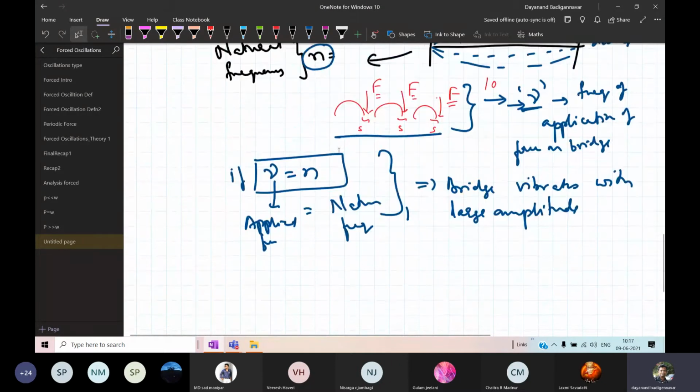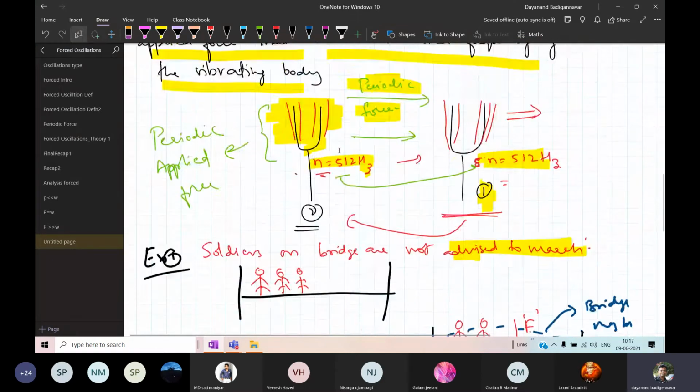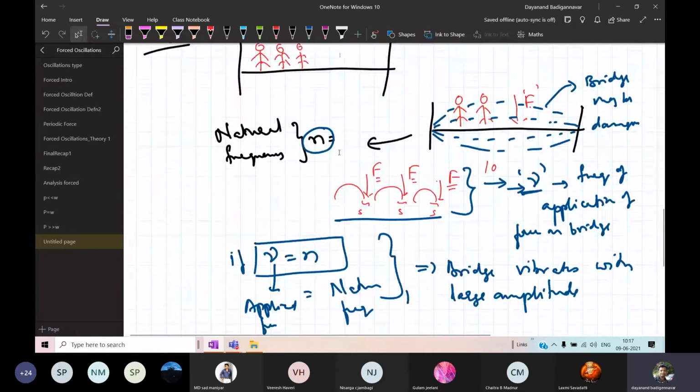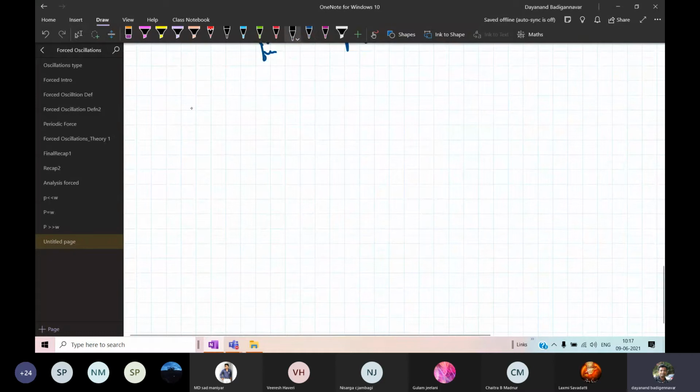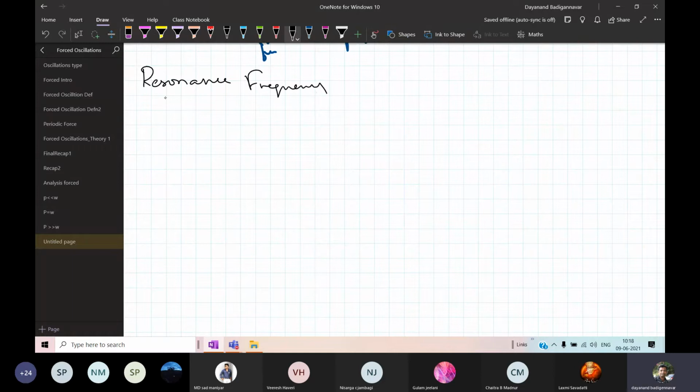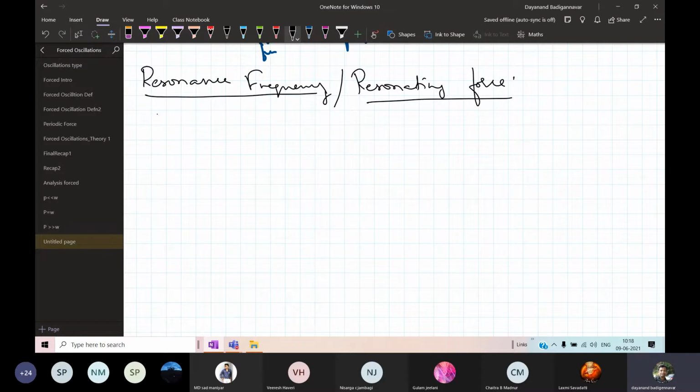Now there is a term called the resonance frequency, or resonating frequency. It is nothing but the frequency, it may be angular frequency also.